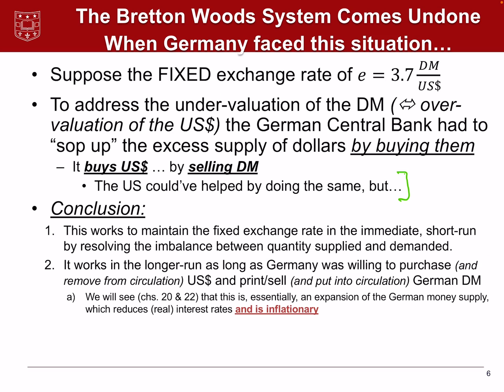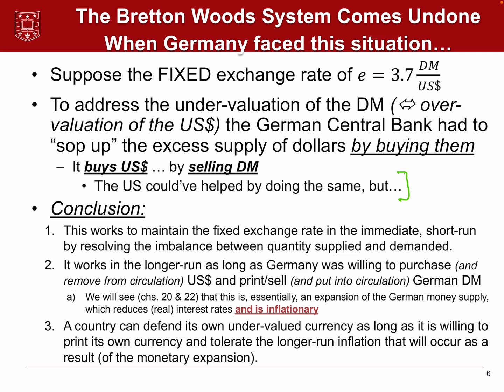But effectively, in Germany, the money supply was rising faster than the pace of the real production of goods and services. And so prices in the German economy were rising. Now, Germany was okay tolerating that inflation in its economy for a little while. But again, this is where history is so important.